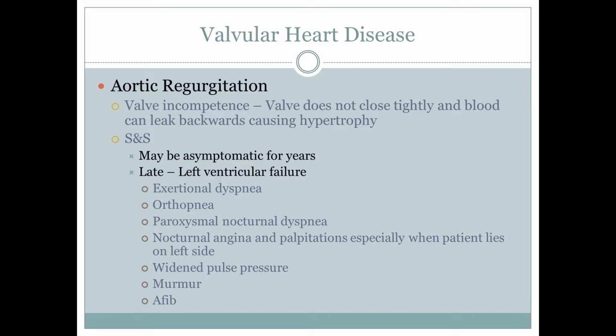They can be asymptomatic for a while. Later, they do get that left ventricular failure, and with all of the different things that you see on my slide, they can get tachycardia.